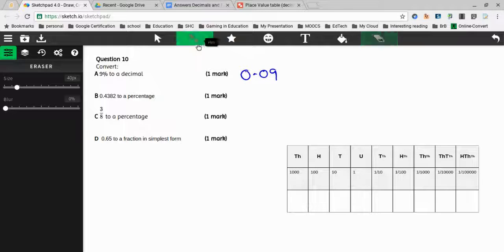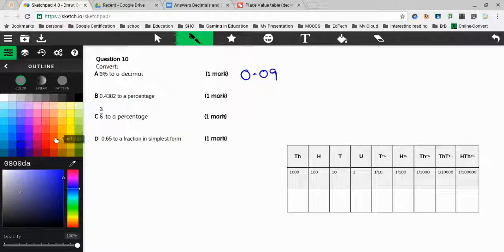Okay, moving on to our next question, which is asking us to convert 0.4382 to a percentage. Now, once again, if we put our decimal points in here and we write this number in, 0.4382, that's showing us that the last number is in the tens of thousands column.